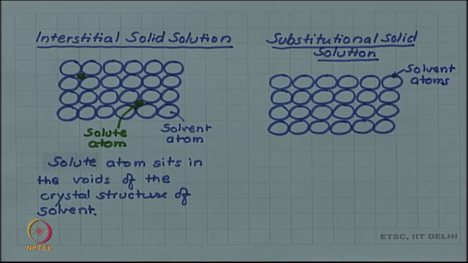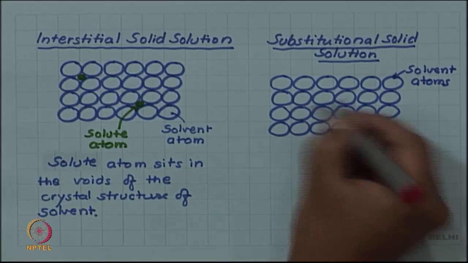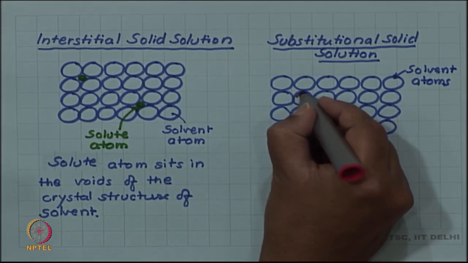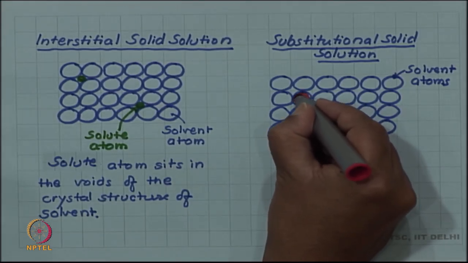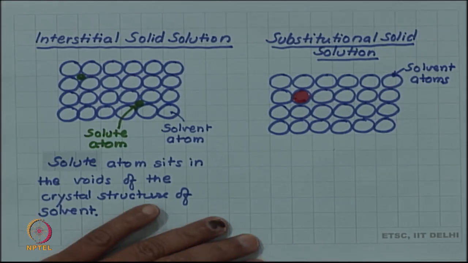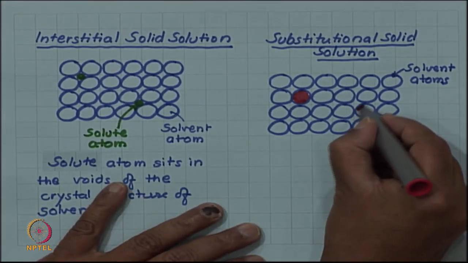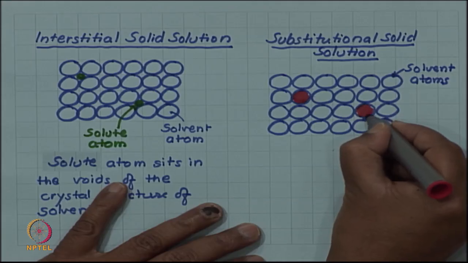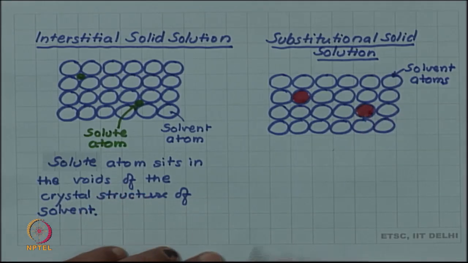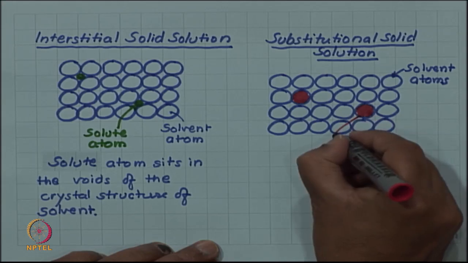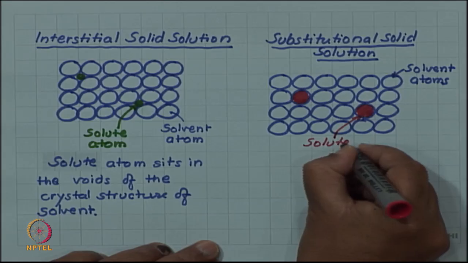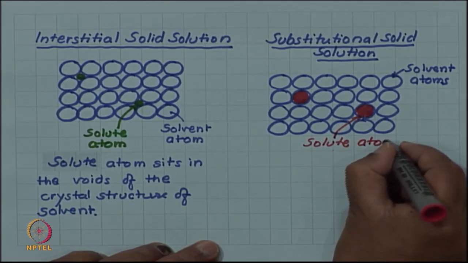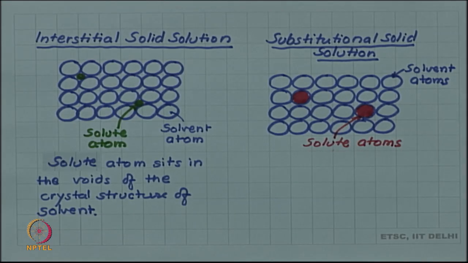As I do the alloying process, some of the atoms of solvent are replaced or substituted by the solute atom. So, let me replace this by a red solute atom, another red solute atom. These are solute atoms.